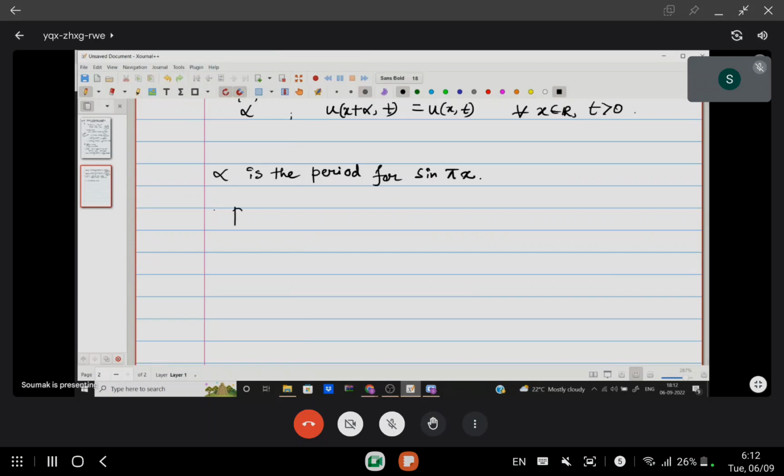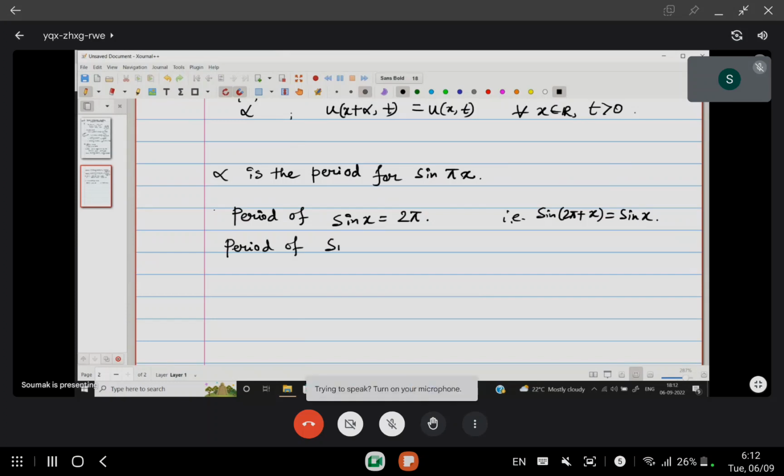Now, we know that sine x is a periodic function with period 2 pi. That means sine of 2 pi plus x is sine x. And we have one relation: the period of sine ax, where a is any real number, is 2 pi by a.